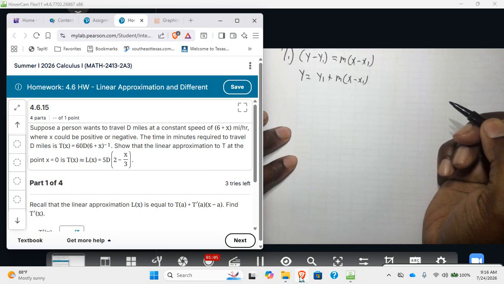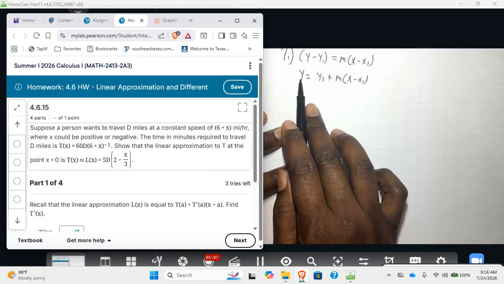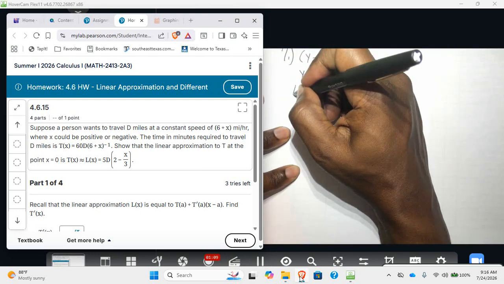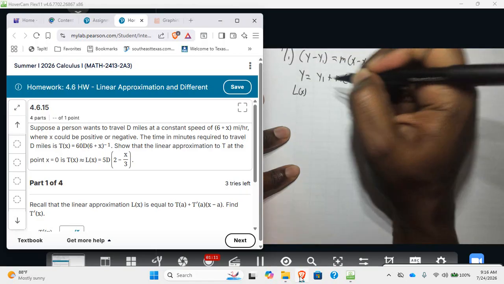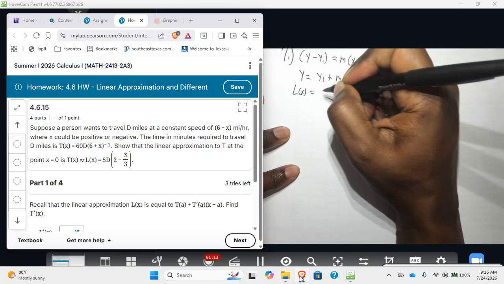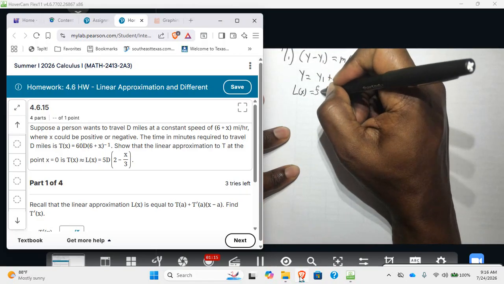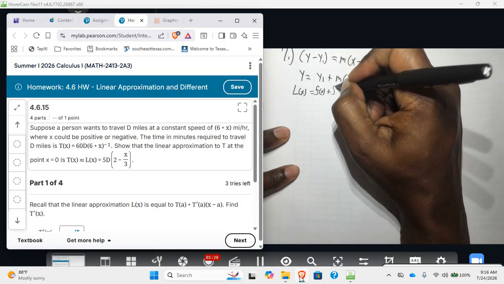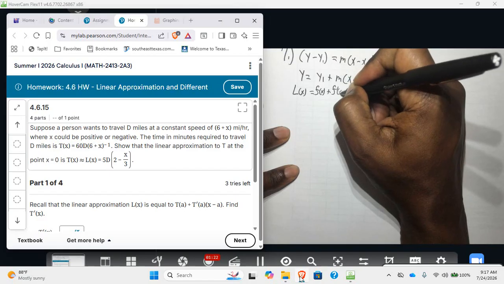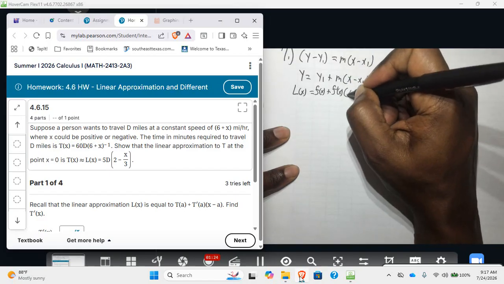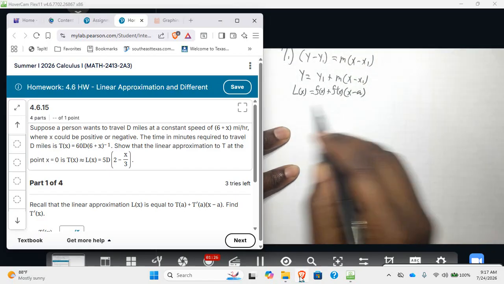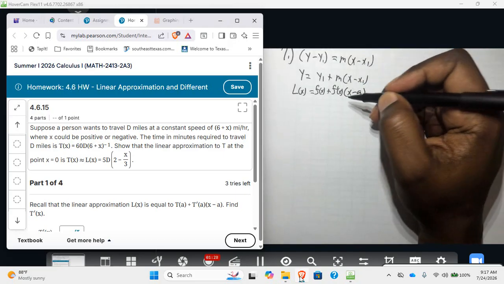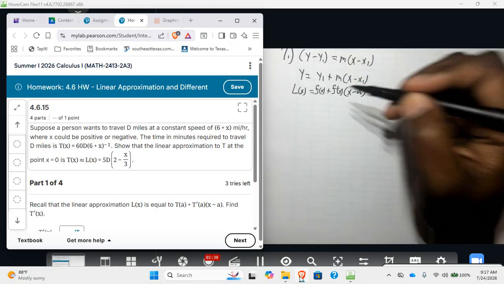This is the formula we're using. They're just changing the variables. This y is now Lx for linear approximation. This is what we're calling our f of x. Our slope, we know we get from the derivative using calculus, f prime of x. And then it is times x minus a. This is the formula that we show for linear approximation.